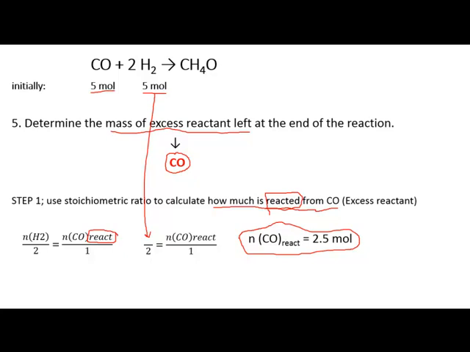Second step, we calculate how much is left. What is the mass reacted from carbon monoxide? Number of mole is equal to 2.5 times the molar mass of carbon monoxide, which is equal to 70 gram. This is the mass of carbon monoxide that reacts.